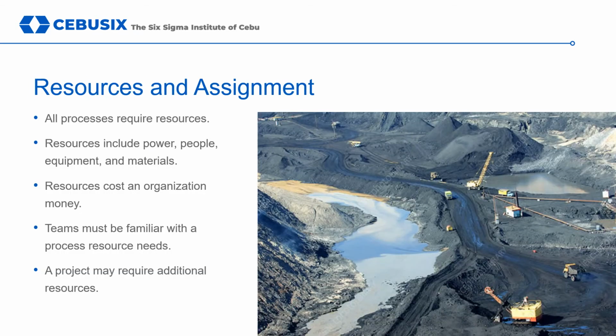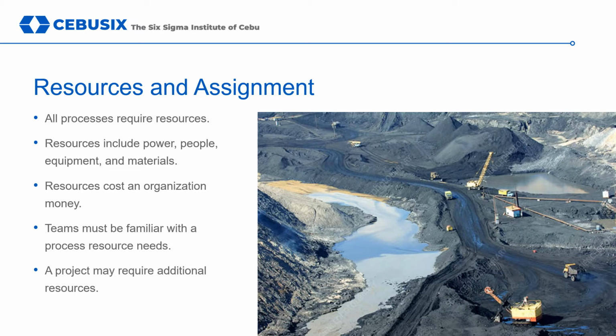All processes require some form of resources. Like a motor vehicle requires fuel or electricity in order to run, a process requires resources such as power, people, cash, digital bandwidth, computer equipment, machinery, supplies, parts, and even skill.